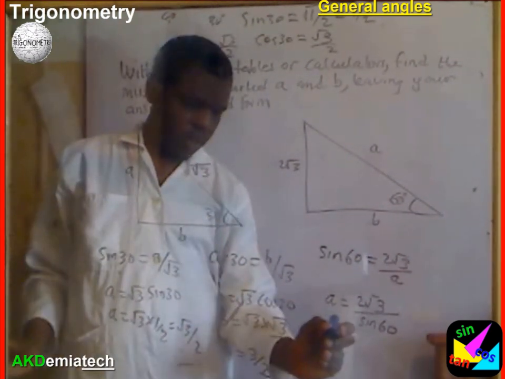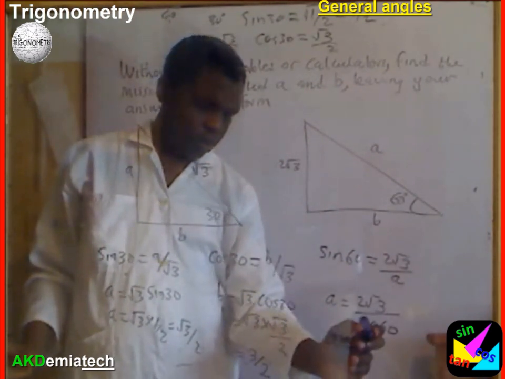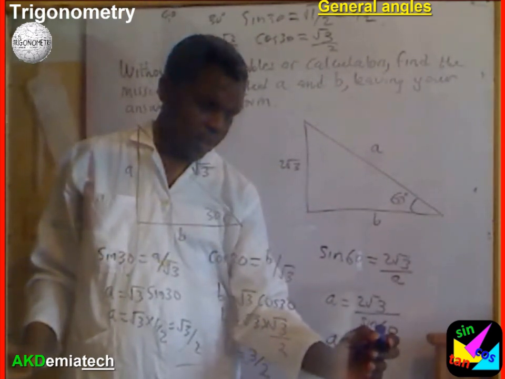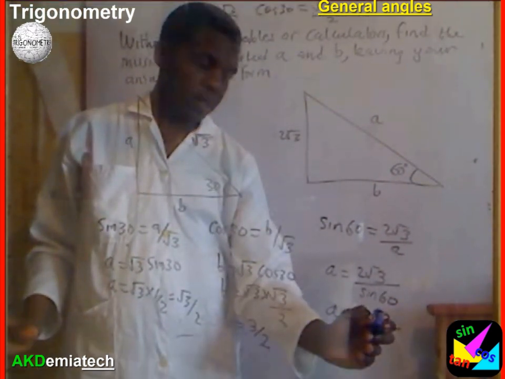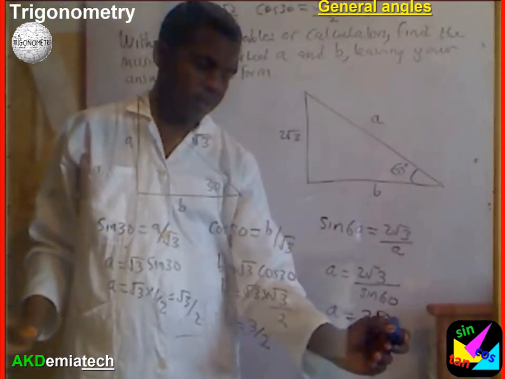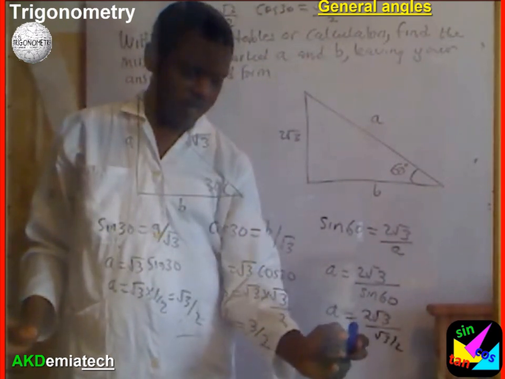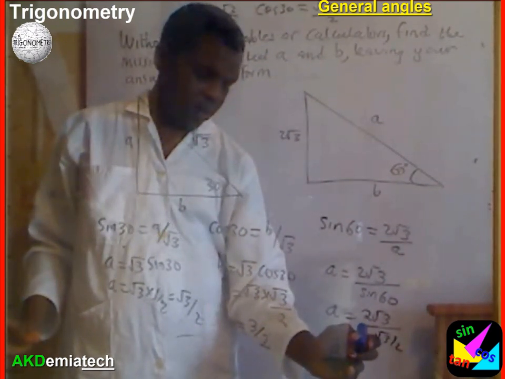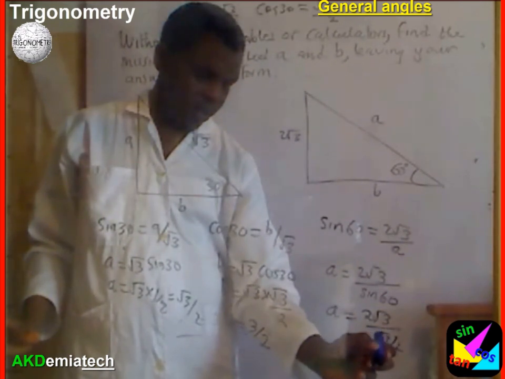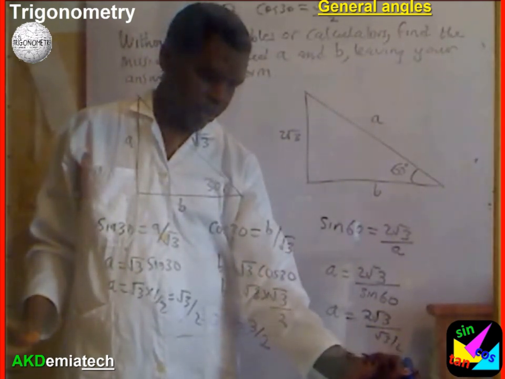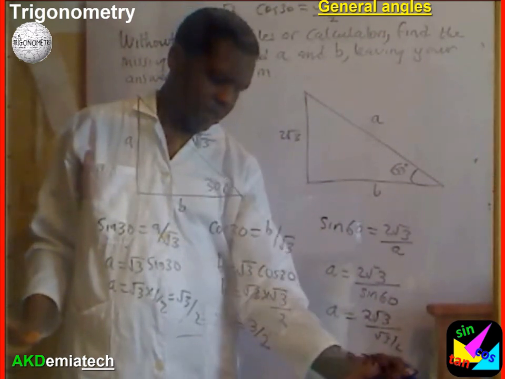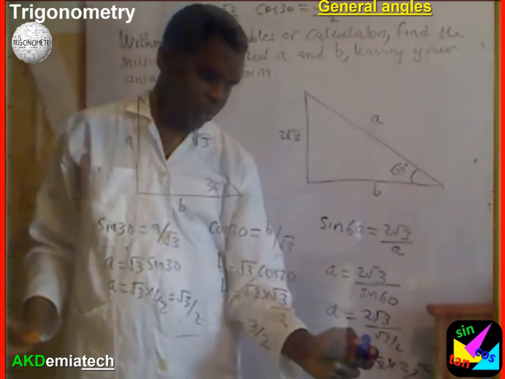So A there is equal to 2 root 3 divided by root 3 all over 2. Let's simplify this. A equals 2 root 3 times 2 all over root 3. This one will cancel, and then left with 2 times 2 gives us 4.